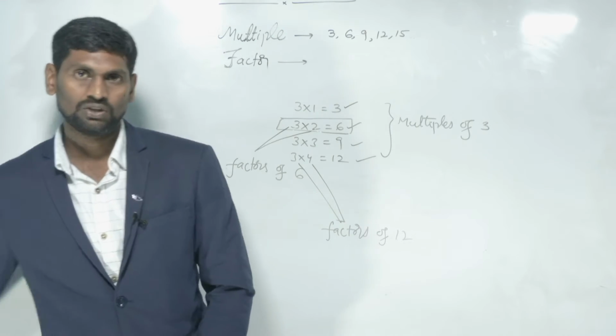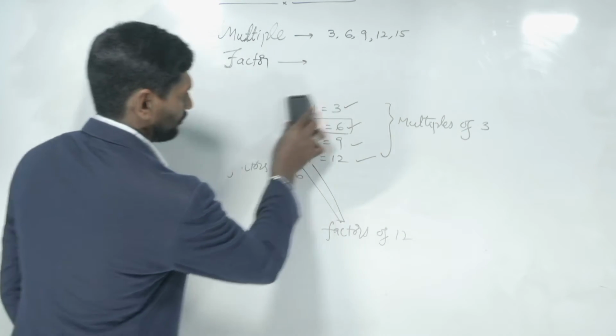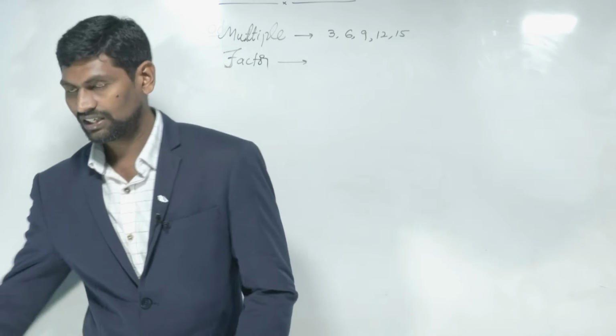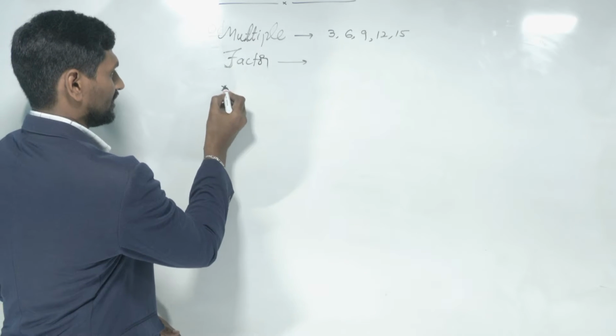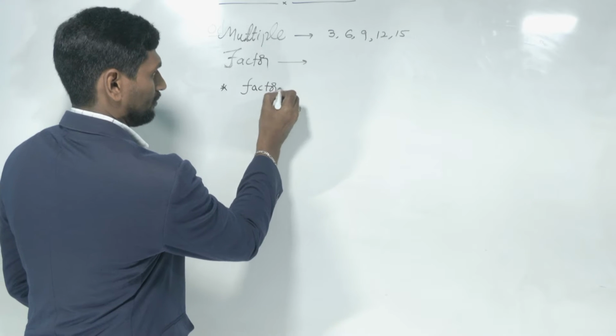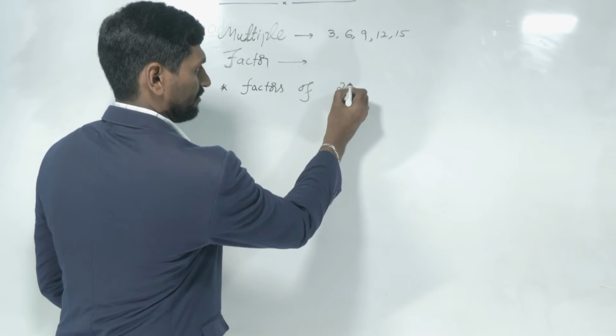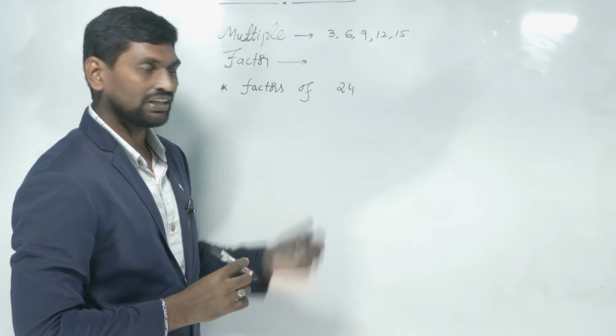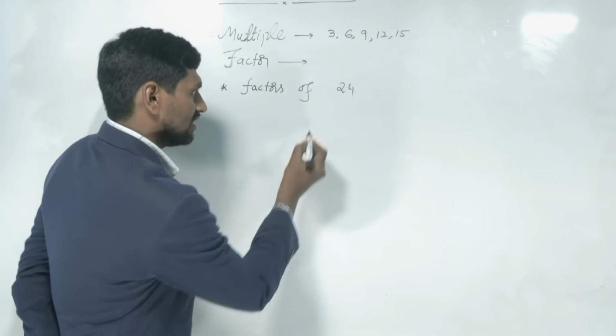Now let us see one example, children. Find factors of 24. Let us take 24: will come in how many tables?